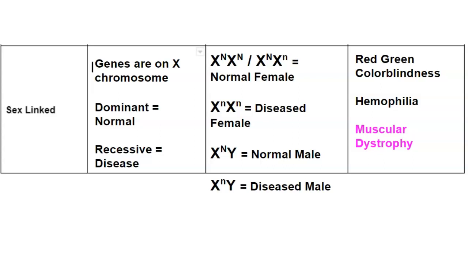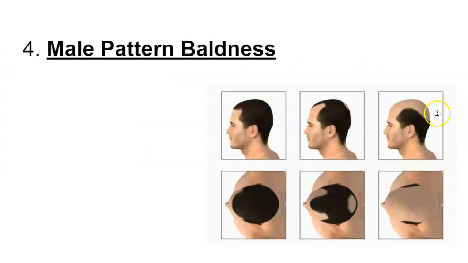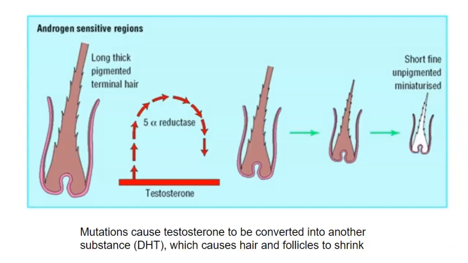The last example is male pattern baldness. You may have seen somebody who looks like this. This is classic male pattern baldness. It happens a lot in males, and there's a specific way that they get bald. It starts on their temples and then the top of their head. This is because of a mutation that causes testosterone to be converted into a different substance, and then this whole chain reaction triggers the hair follicles to shrink, and then you don't have hair.